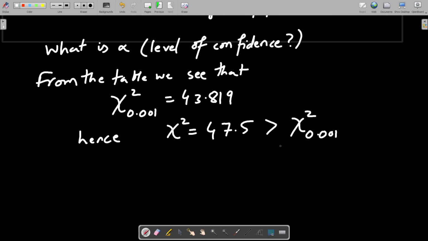So this will imply that if this value is greater than this, then the alpha value is going to be less than 0.001.